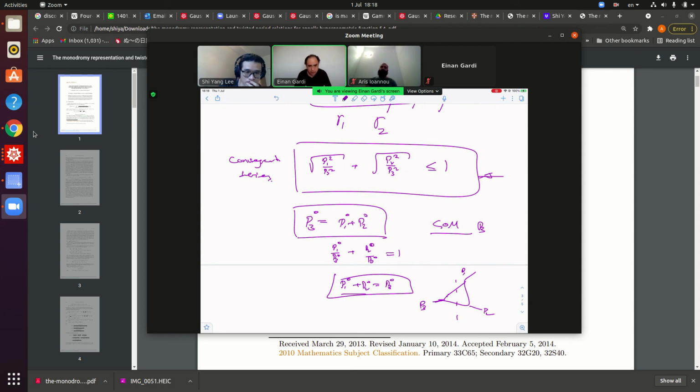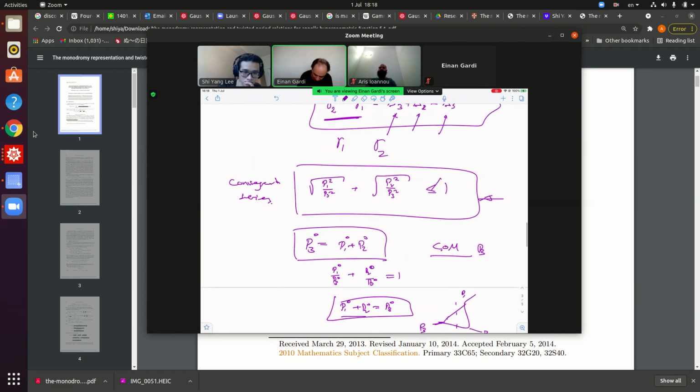So I think we can immediately understand the connection between the convergence of the series and the generation of an imaginary part. Physically, we know that there should be an imaginary part if this is violated. It should be real if this holds, and there should be an imaginary part if it's violated. Physically, we know that.